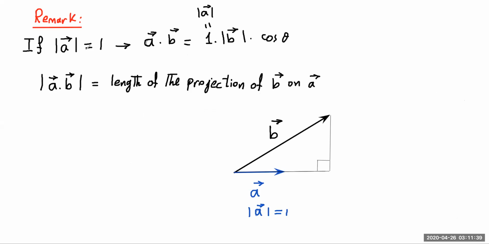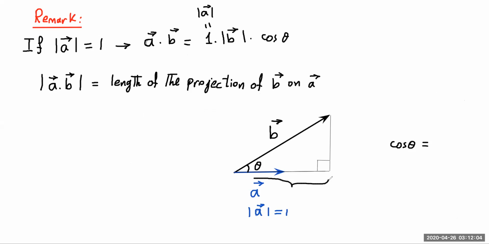Remark: if the length of the vector A is 1, then the dot product AB equals length B times 1, which is length A, times cosine theta between A and B. If you suppose theta is the angle between A and B, what is cosine theta? It's this length from here to here.